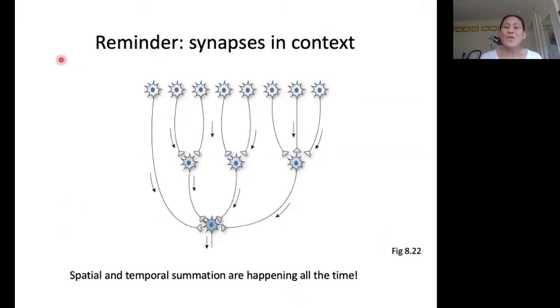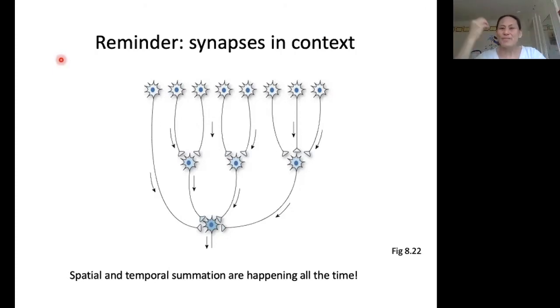All right, so finally, I just want to put this back in context for you, okay? So we've looked at these phenomena of spatial and temporal summation in these isolated examples, but I want to remind you that neurons are forming all of these very complicated networks, right? And so every neuron, unless it's at the very beginning of the pathway, is receiving many inputs from many cells.